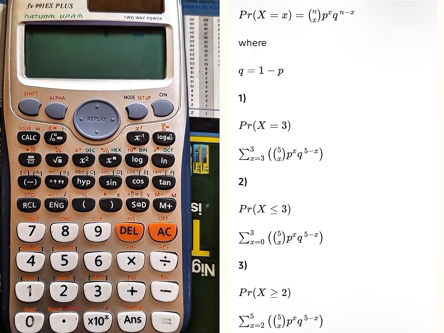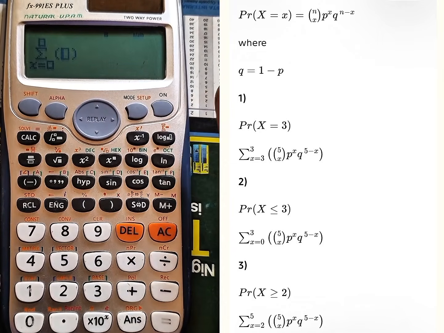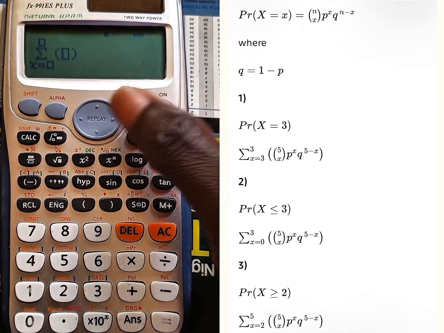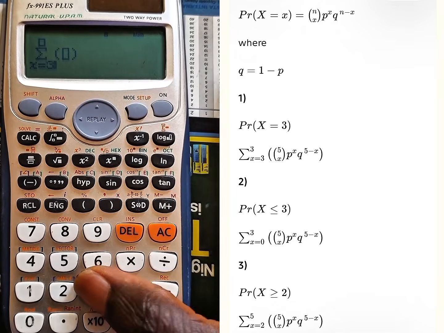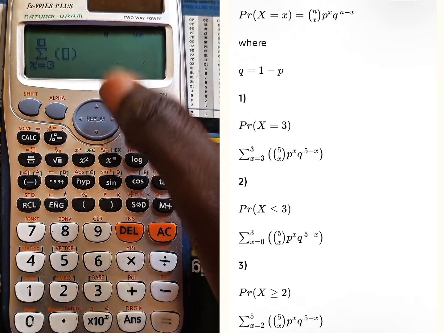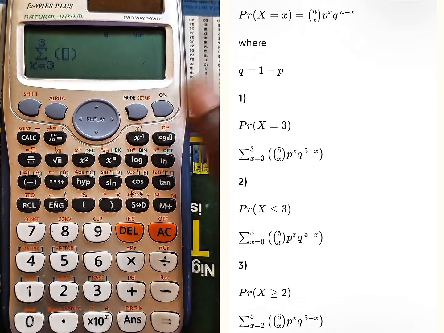We are solving part 1. Now you press sum of. The question is asking for the probability of exactly 3 people, so you make sure x is equal to 3 here, and for this upper limit, x is equal to 3.